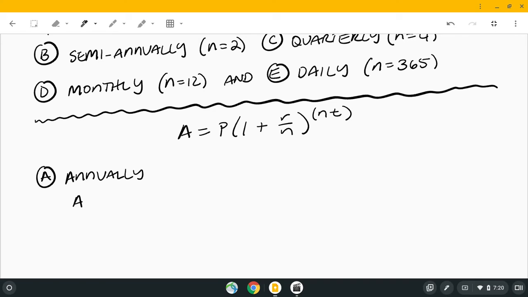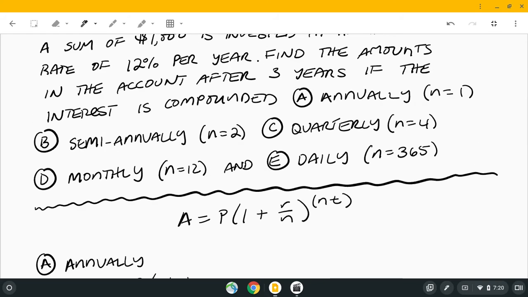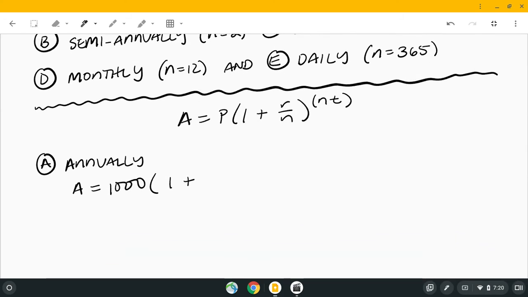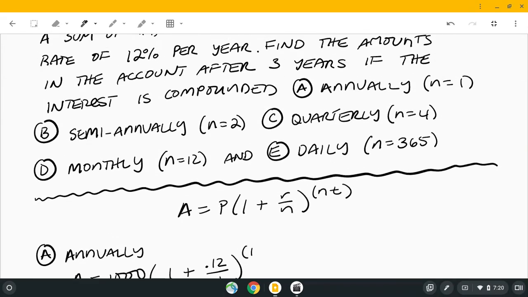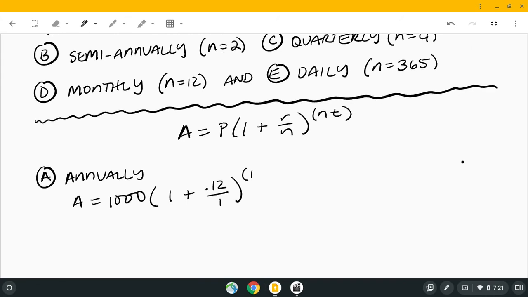A equals 1,000, that's our principal amount, our initial amount, times 1 plus our rate. 12%, that crazy rate, is the same as 0.12. N is 1, to the 1 times, how long are we leaving it there? 3 years. So t is 3.